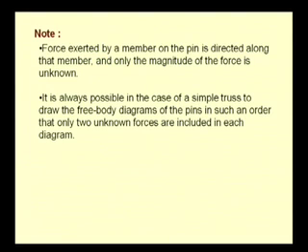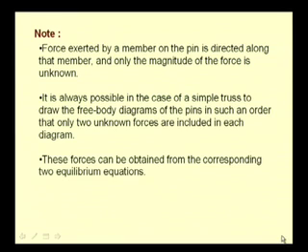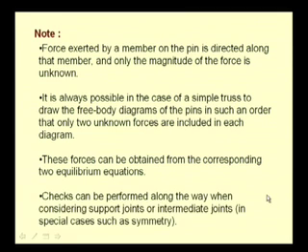So, thereby we do not need to solve simultaneous equations, rather we can solve at a time only 2 unknowns from each of the equations from each of the free body diagram. The forces can be obtained from these equations, and one can also perform checks as we proceed.